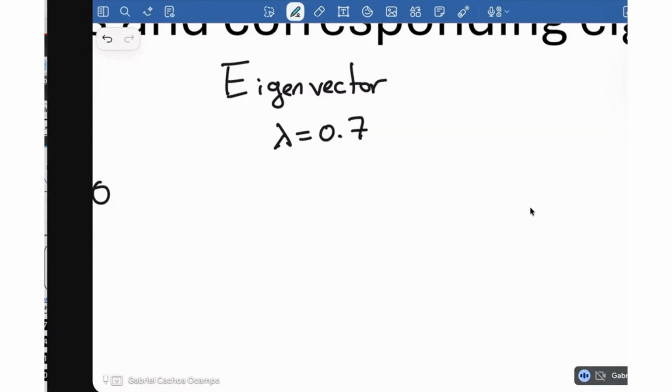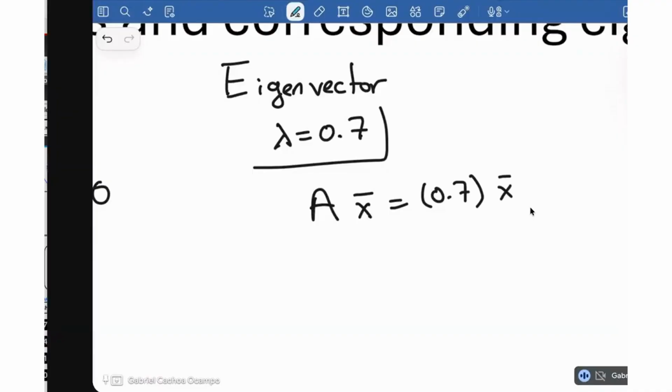Okay, now we need to find the eigenvectors. To find the eigenvectors, remember that I want to try to solve for each different eigenvalue the equation A times x equals 0.7x.